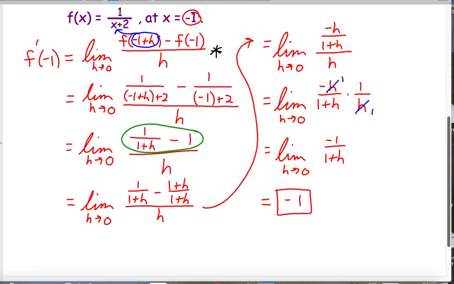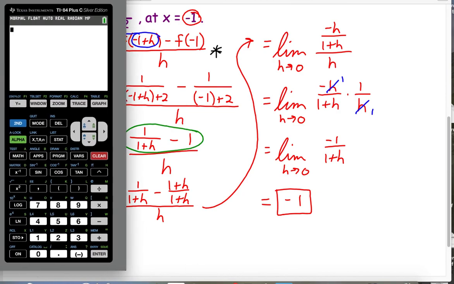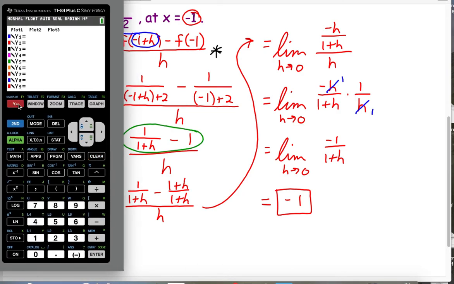So let's take a look at the graph of 1 over the quantity x plus 2, in the standard window. I'm finding the derivative at x equals negative 1, and you can see that's the point on the graph.